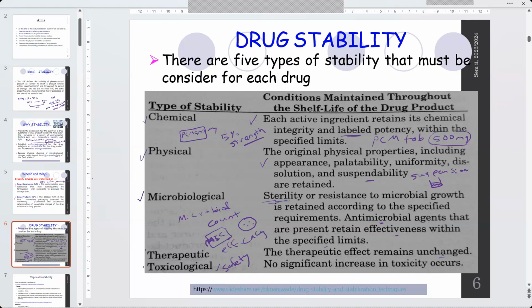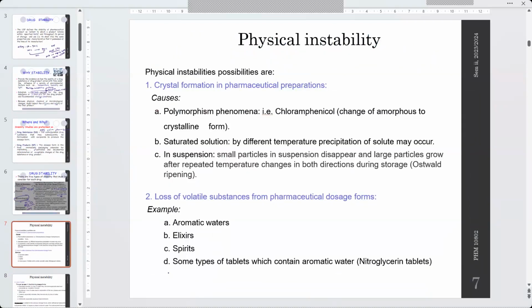So during storage there should be no significant increase in toxicity, and this toxicity also may be due to microbial growth, right? So I don't want microbial growth. I don't want formation of toxic degradation products in harmful amounts. So in this case, I will preserve the toxicological stability of my product. Okay.